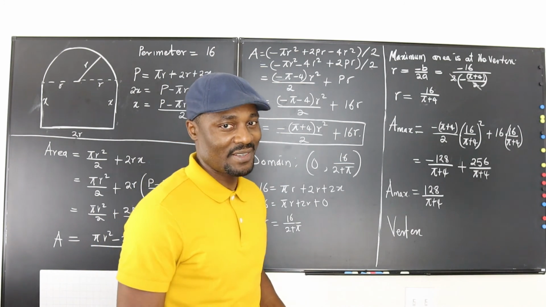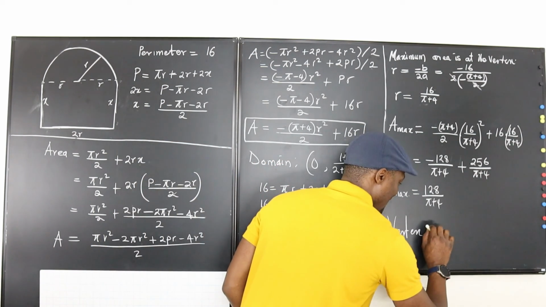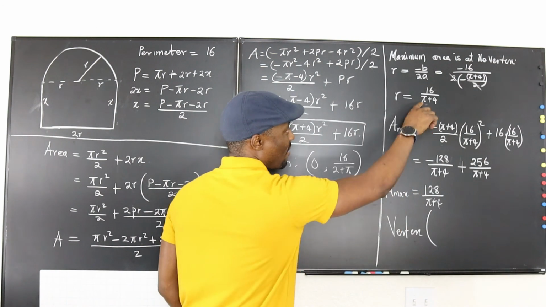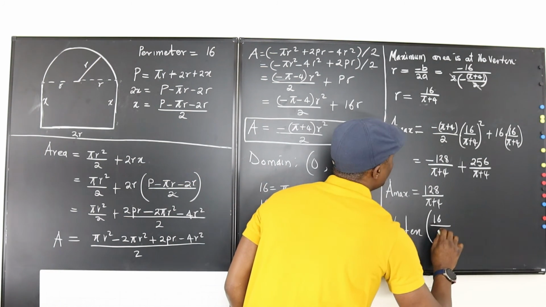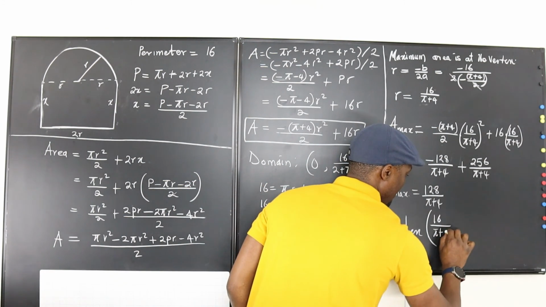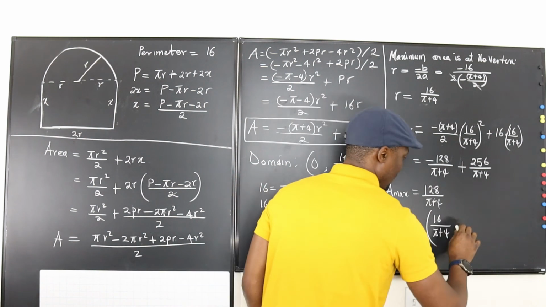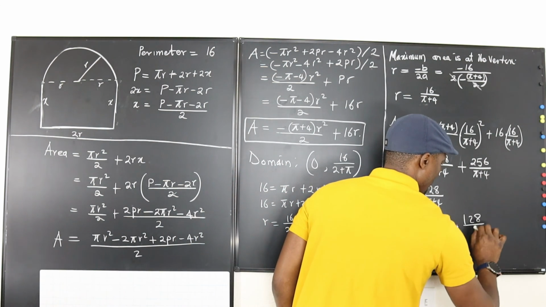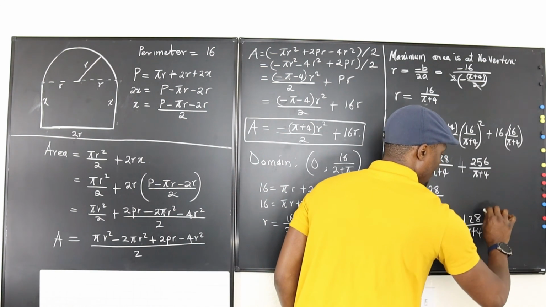It doesn't change. So what's the vertex? The vertex is now 16 over pi plus 4, and the maximum area will be 128 over pi plus 4.